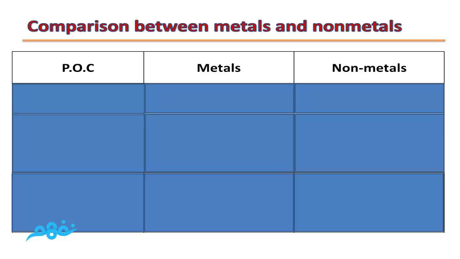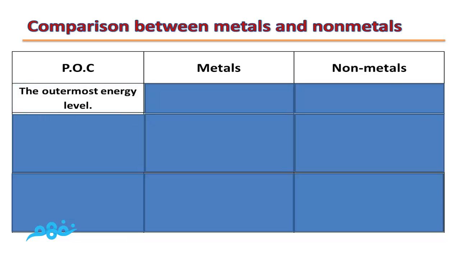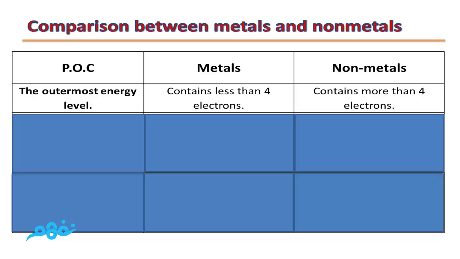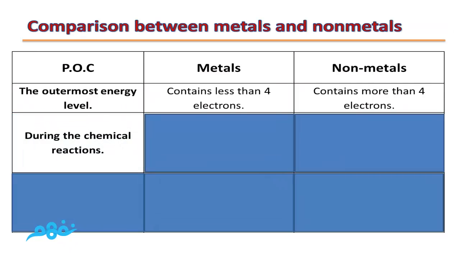Let's compare between metals and non-metals. The first point of comparison is the outermost energy level. The outermost energy level in metals contains less than 4 electrons, but in non-metals it contains more than 4 electrons and less than 8 electrons.